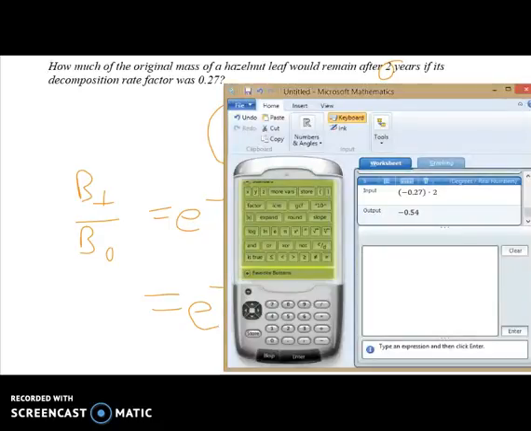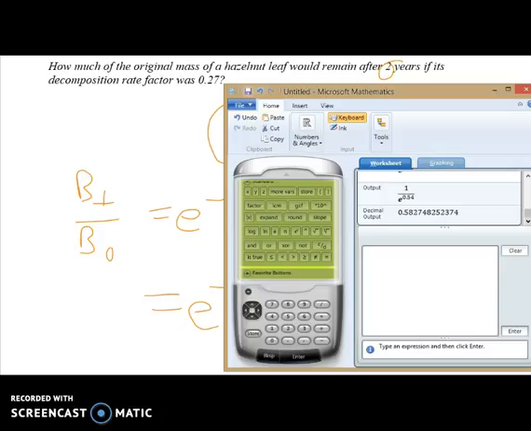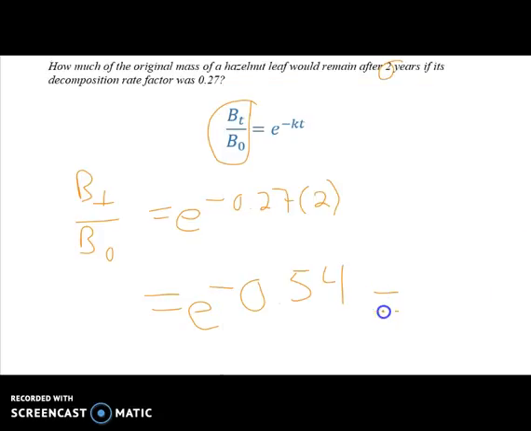We can take e raised to the negative 0.54, which gives us an answer of 0.58. So this means that after 2 years, our original hazelnut leaf had 0.58 or 58% of its original biomass remaining.